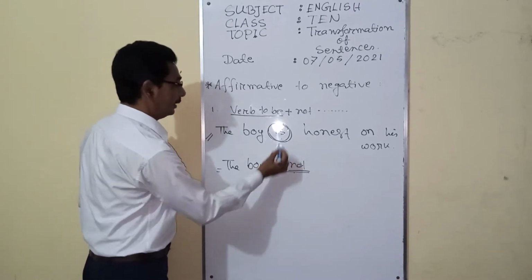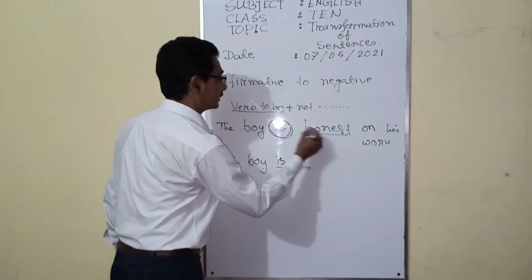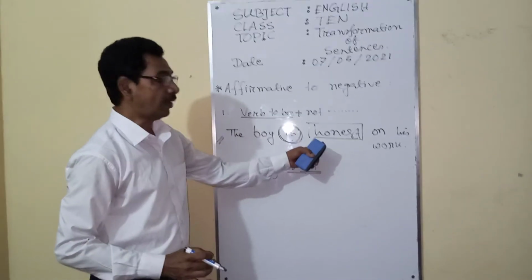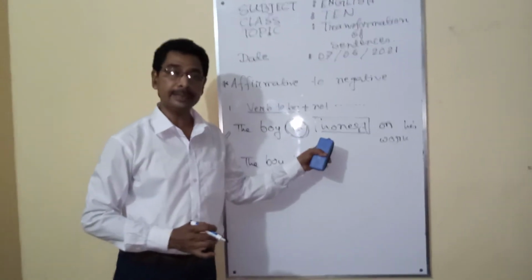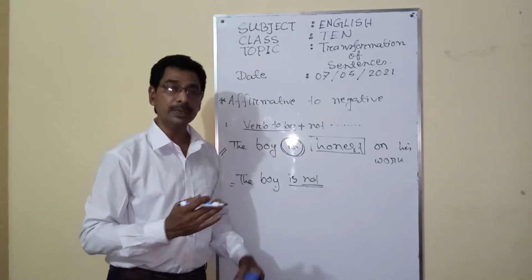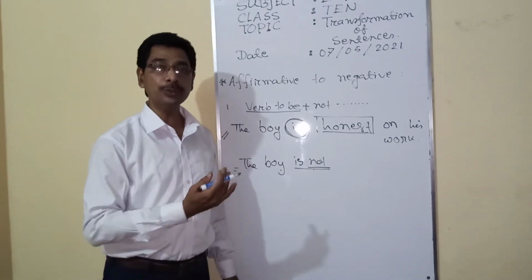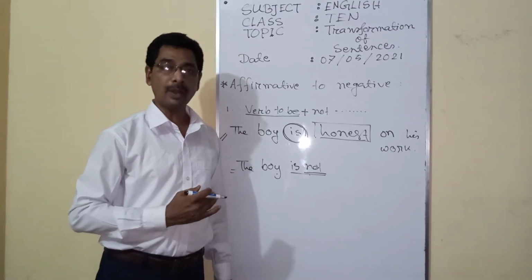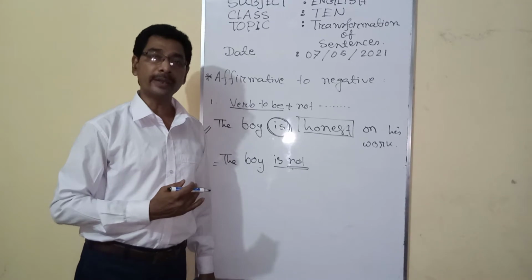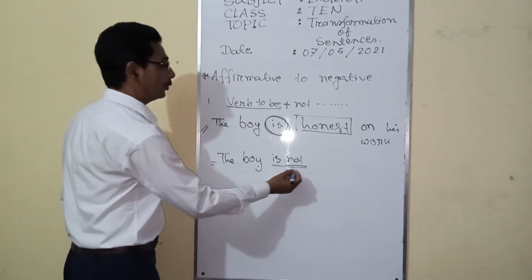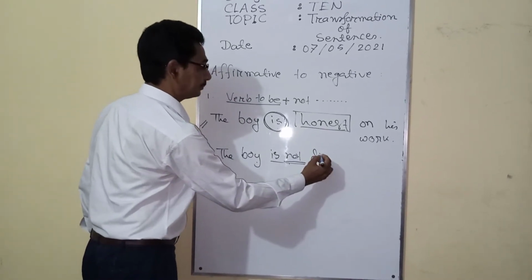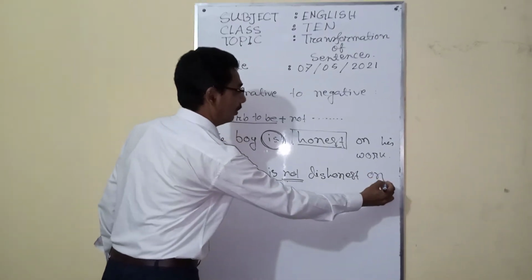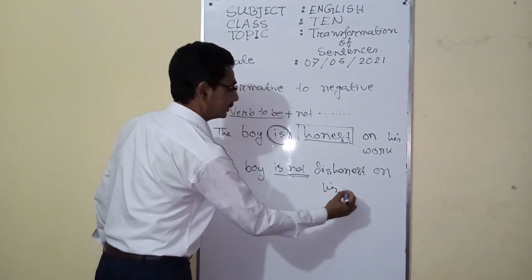The boy is not. Now, honest is an adjective. If you find an adjective in a sentence, you have to change this adjective to its opposite word. The opposite word of honest is dishonest. Now you have to put here dishonest on his work.